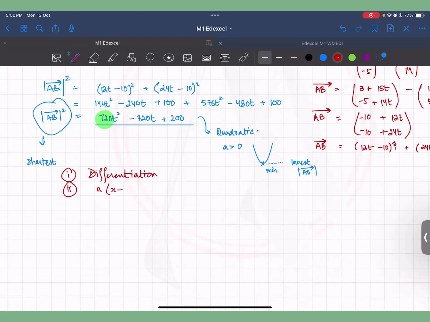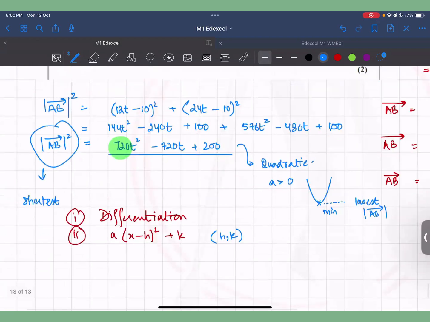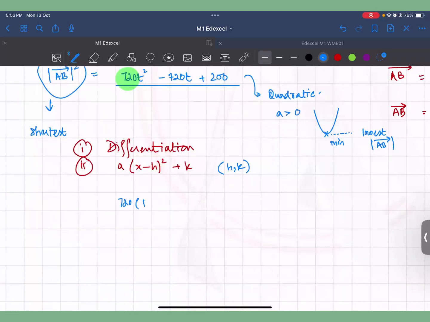Or this format, a(t minus h) whole squared plus k. Do you know any of these? Yeah, I know both of them. So what would be your h comma k? Your h comma k is the turning point. How do you get the h and k values? Can you do that for me? Yeah, sure. Okay, do it. I'm waiting. Let's see if you can recall this. 720 bracket t minus half bracket squared plus 20.